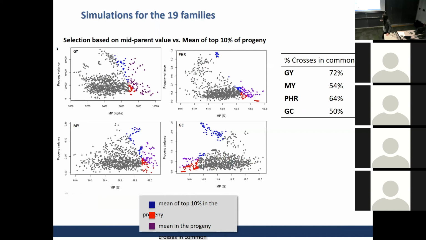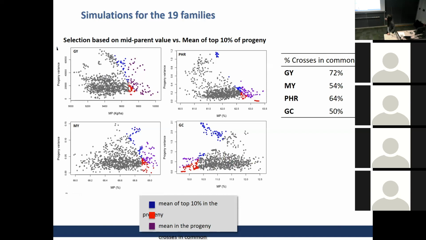Then we selected the top 100 progenies with the maximum mean of the top 10% of the population. This would be a combination of selecting based on both mean and variance. And in purple, we can see the crosses in common between the two methods.